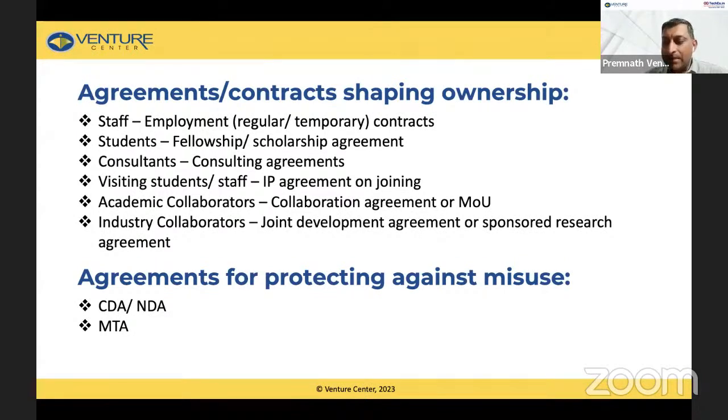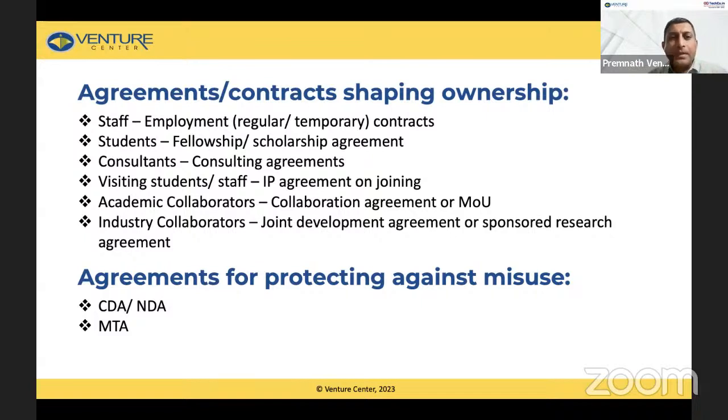Whereas PhD students who might have a fellowship or scholarship might be assigning their IP to the host institute, to the university, especially if substantial use of resources has happened. So there are different agreements which decide that, and what kind of a student you are also matters.